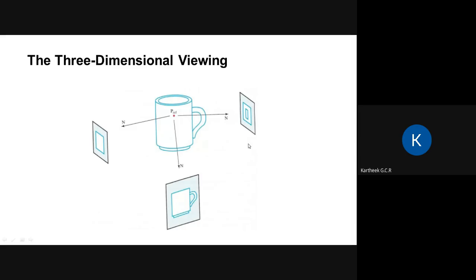So this is visualization of the object, and this is the P reference point. You would have cameras here. You will have a camera here. You will have a camera somewhere behind this plane, and you will have a camera here. So they are trying to visualize it, right?